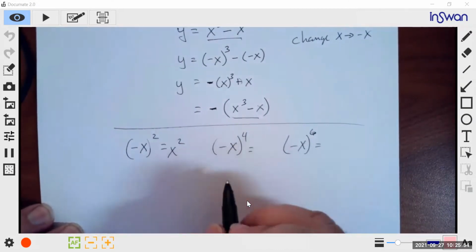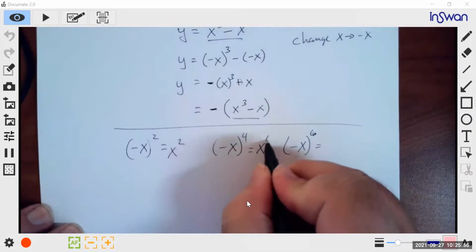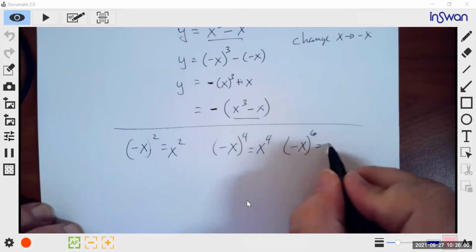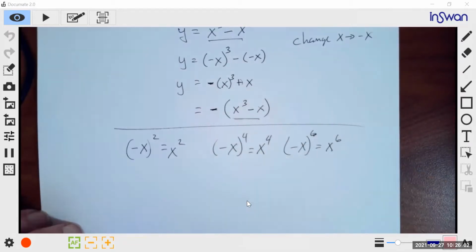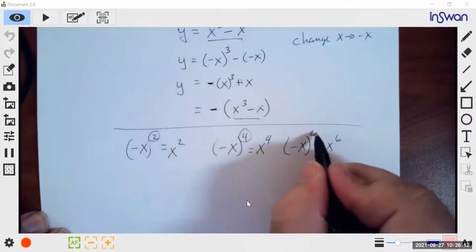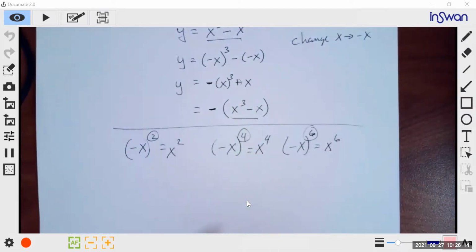Negative x to the fourth is x to the fourth. Negative x to the sixth becomes x to the sixth. So notice the exponents. If the exponents are even, they cancel out the negatives.